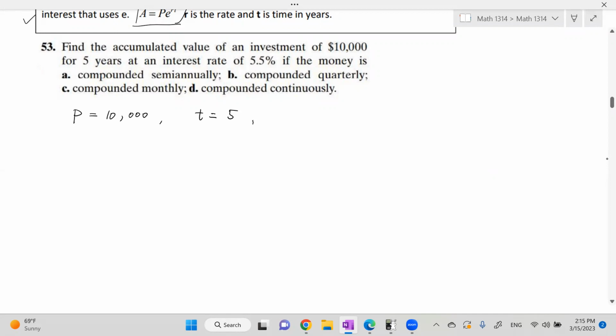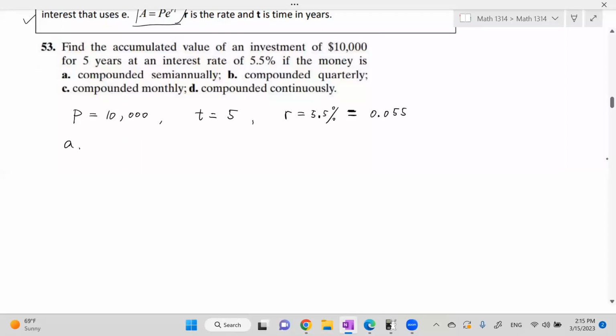You cannot put several months in the T part. And the rate is 5.5%. I can convert it to a decimal by moving the decimal point to the left 2 units: 0.055.